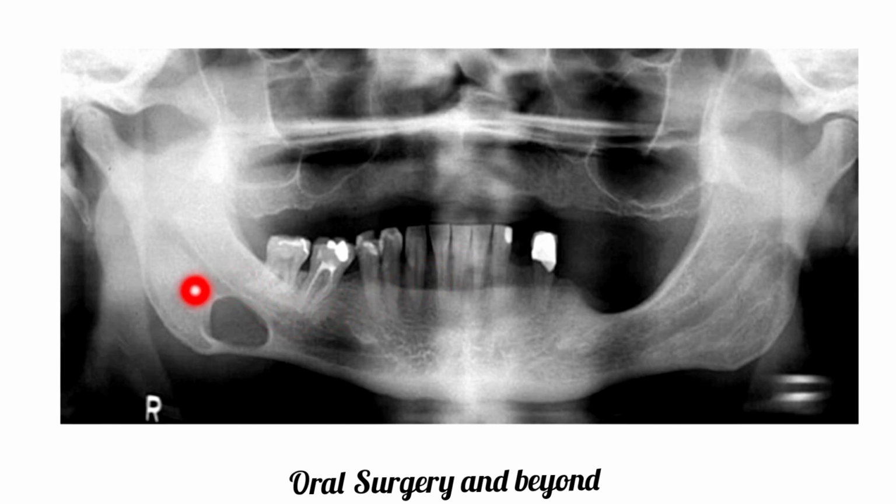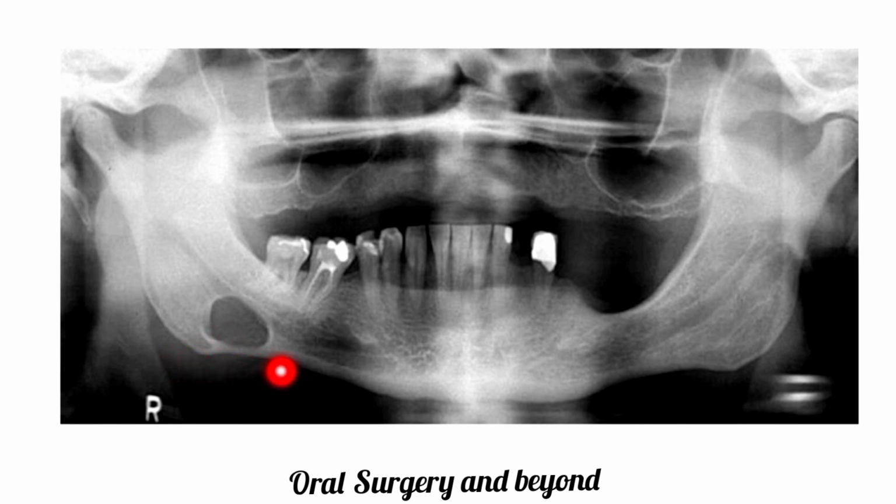Here we can diagnose this pathology. It has a well corticated margin, a radiolucent area with a well defined corticated margin. What does it indicate?